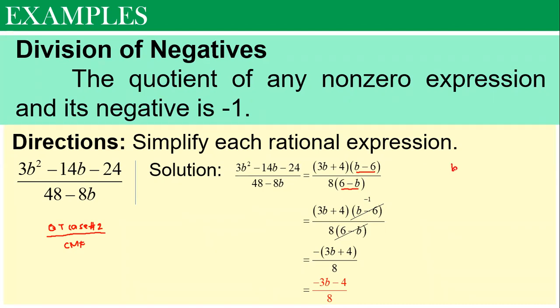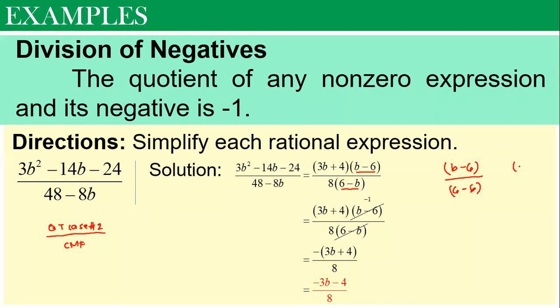Magkaiba po si b minus 6 kay 6 minus b. Baka di po napapansin. So, if that's the case na magkabaliktad po yung terms, when you cancel out those two expressions, the answer will be equal to negative 1.